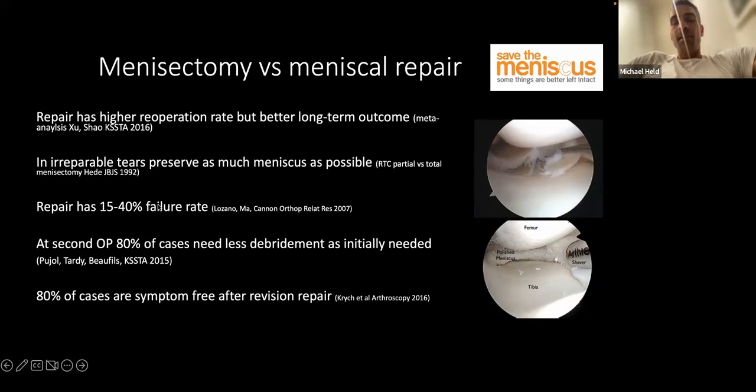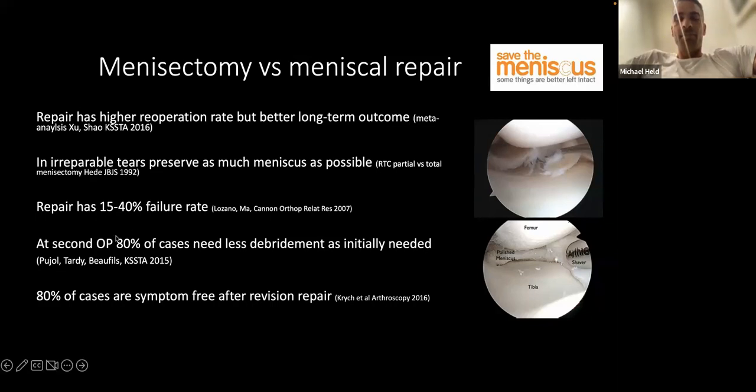The repair has a massive failure rate, actually, depending on how old the patient is and what the repair type is, up to 40%. So if you are speaking to someone with a meniscal tear, you mustn't promise them that you're going to make them 100% better. There's actually a 15 to 40% failure rate. But if you are repairing them and it fails, you're still debriding less meniscus.